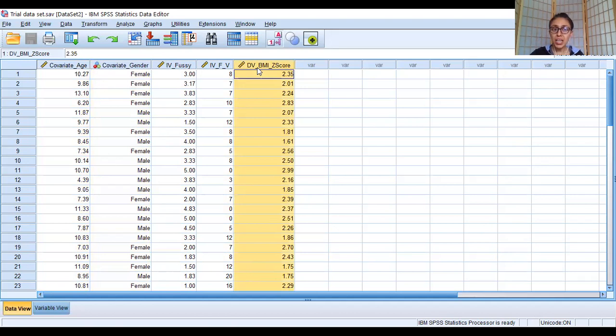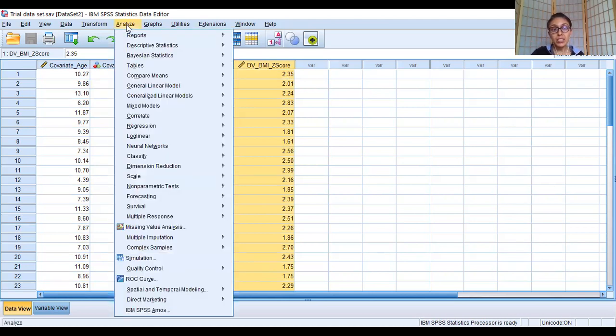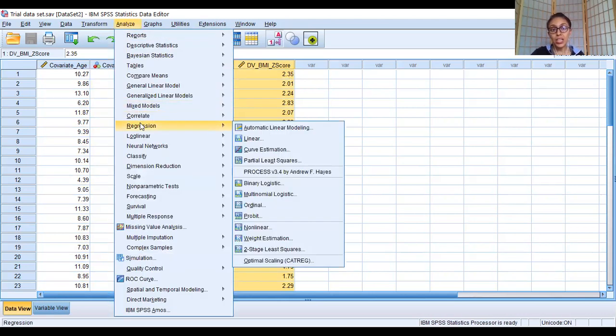Very simplistically, how do you run regression? As I said, please don't take this at face value. To actually learn properly how to do regression, you need to look at advanced YouTube videos, read textbooks, or if you are enrolled in quantitative research statistics, then don't worry, all of that will be covered in that unit. But in simplistic terms, it is Analyze, and then you go to Regression. I'll just show you the very basics, but please don't take this as the final thing.